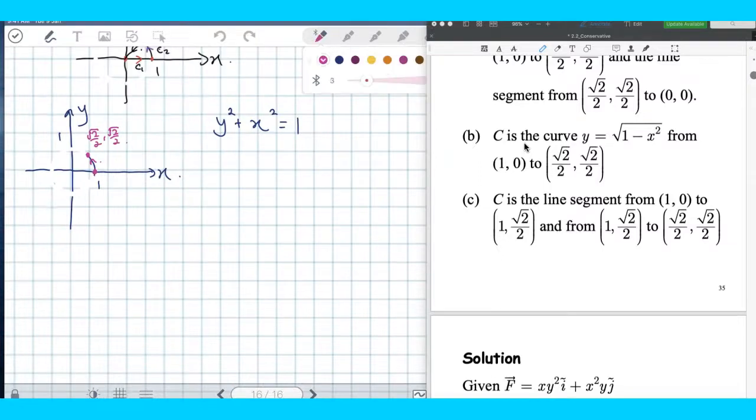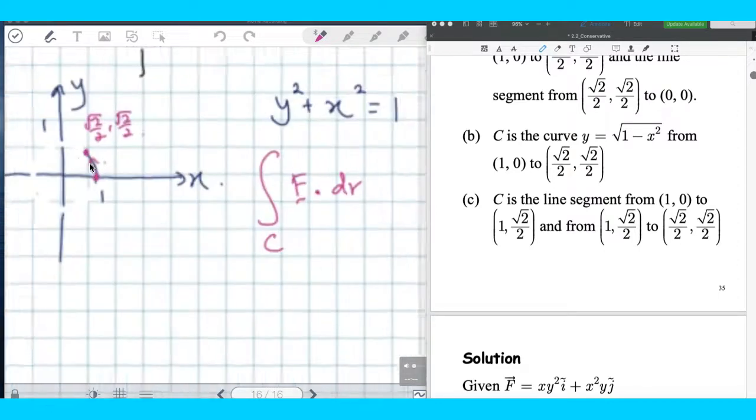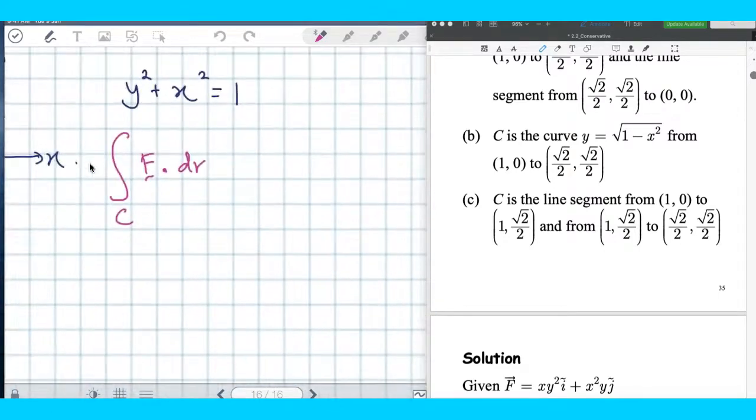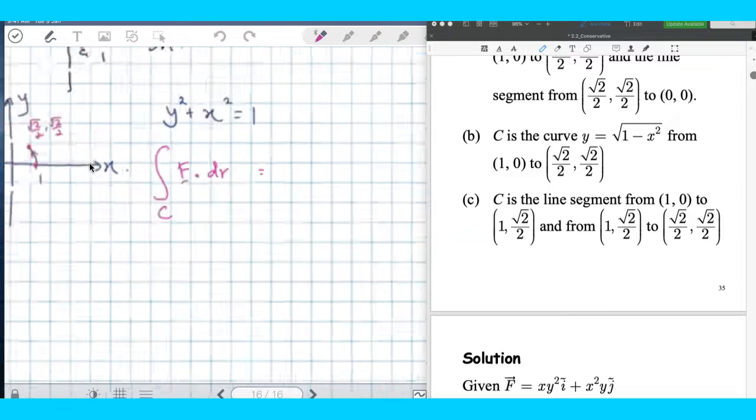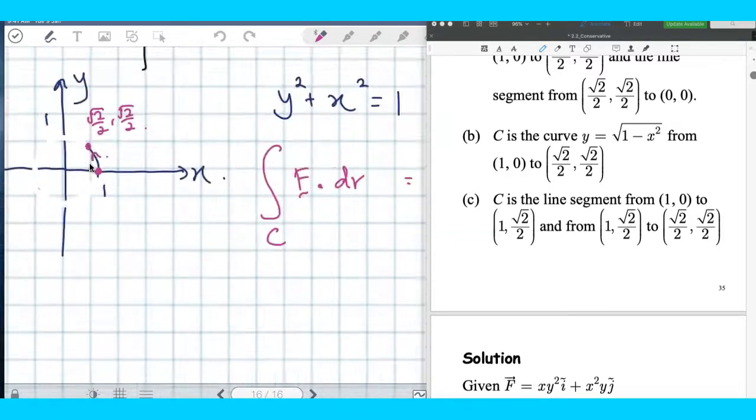So we want to get the line integral f dot dr over the curve that we obtain here. Okay, now we want to apply the theorem. Let's say here I give a name. So the initial point is A and the terminal point is B. So A is at the point of 1, 0 and B is at the point of square root of 2 over 2, square root of 2 over 2.